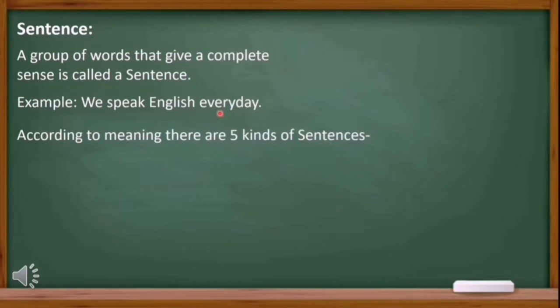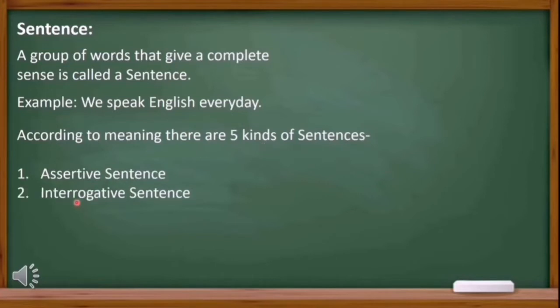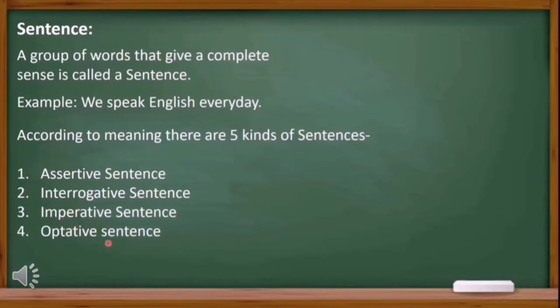According to the meaning, there are actually 5 kinds of sentences. Let's have a look. They are assertive sentence, interrogative sentence, imperative sentence, optative sentence, and exclamatory sentence.